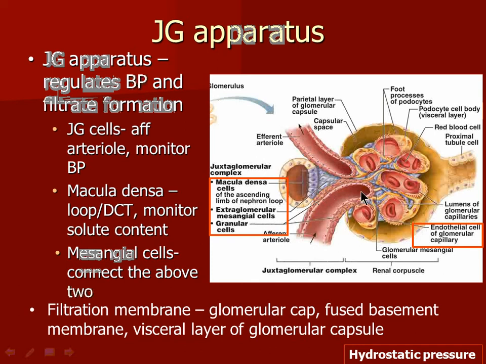So these two are very important because the final function of the kidney is to produce urine and to regulate the volume and composition of blood, right? So the JG cells monitor blood pressure to decide whether more or less should be filtered, and the macula densa checks on the solute content, because that automatically will affect the blood composition.